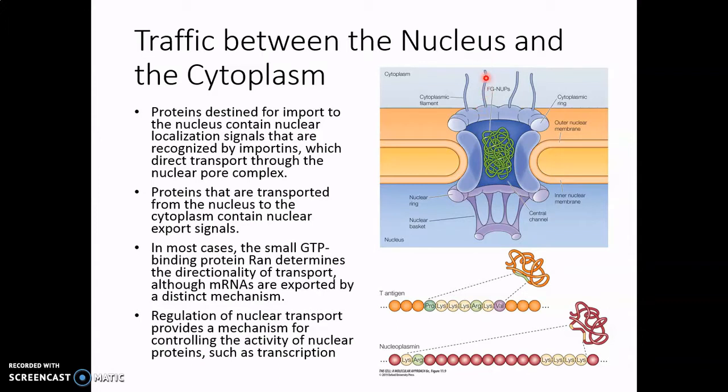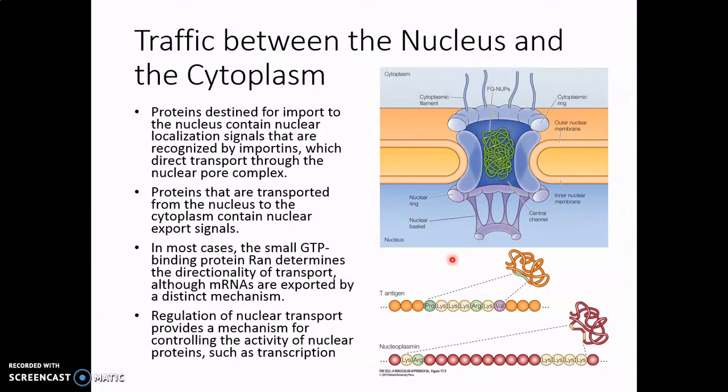And these cytoplasmic tails of the pore actually help facilitate this because they also bind the importin protein. So if it were to fall out, it would simply bind to this and start its passageway back through.